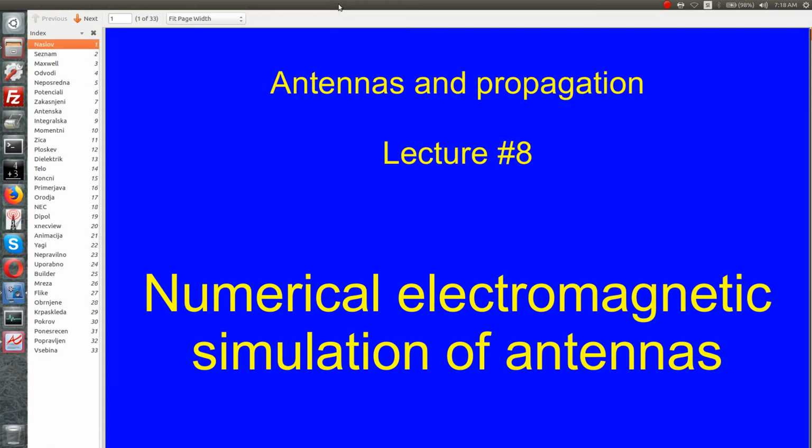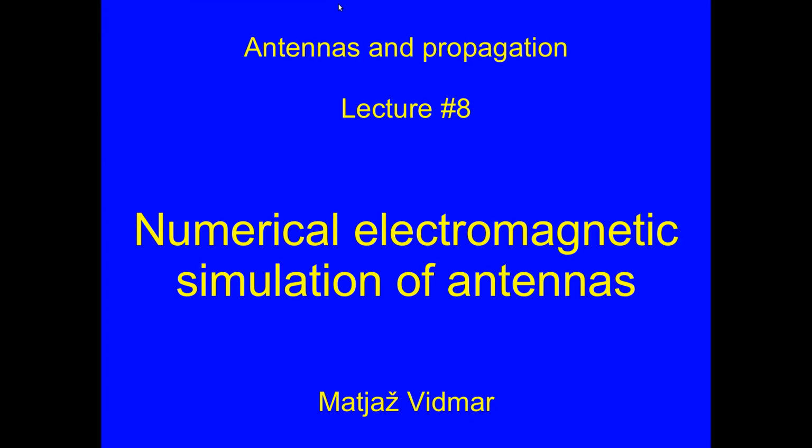So today we are going to talk about numerical electromagnetic simulation of antennas. Why do we start with numerical simulation of antennas? Why do we need it? There are several problems we cannot solve analytically.